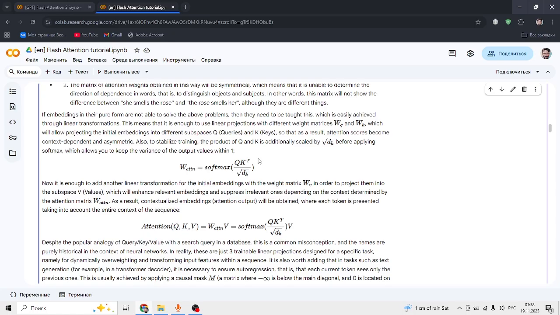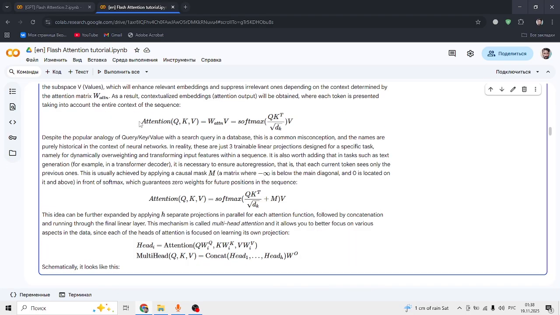And in the end, we'll get contextualized embeddings where each token will be represented with information taking into account the entire context of the sequence. So, this formula looks like this.